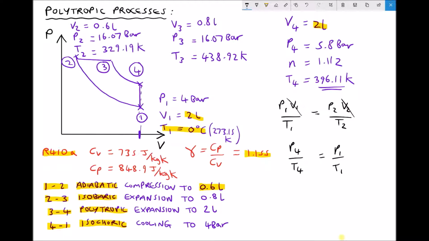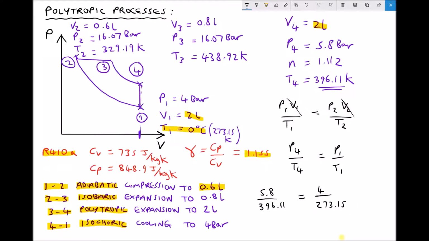And we can just do a quick check. P4 is 5.8, T4 is 396.11, P1 is 4 bar, T1 is 273.15.